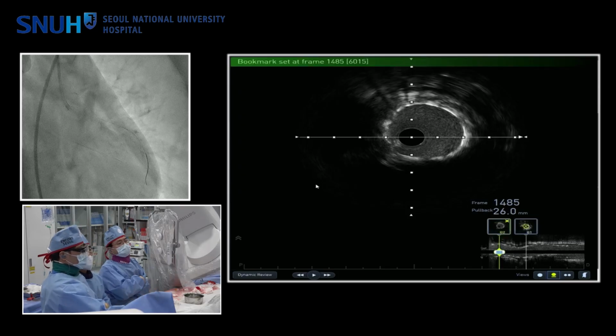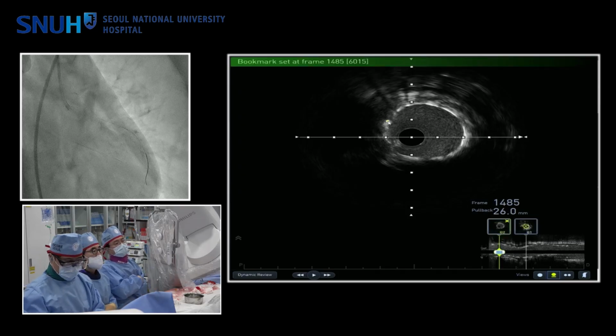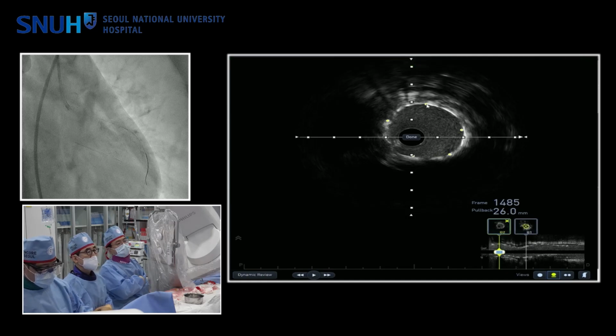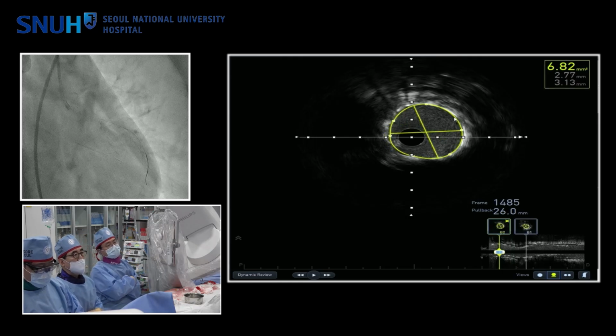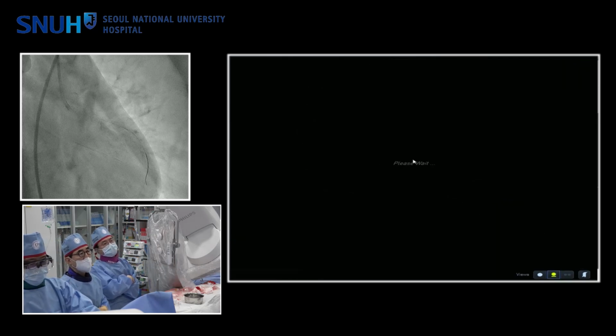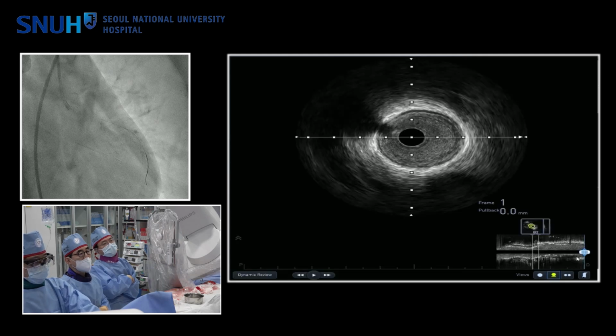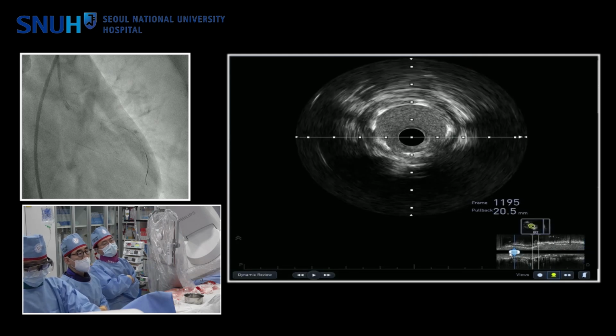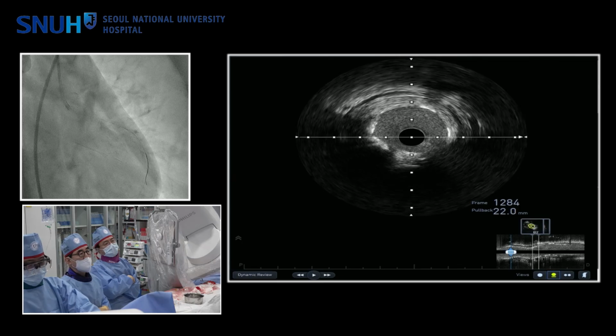Okay, this left main. Now 6.8 square millimeters. How was the previous digit? 아까 측정해 놓은 거 없었나?